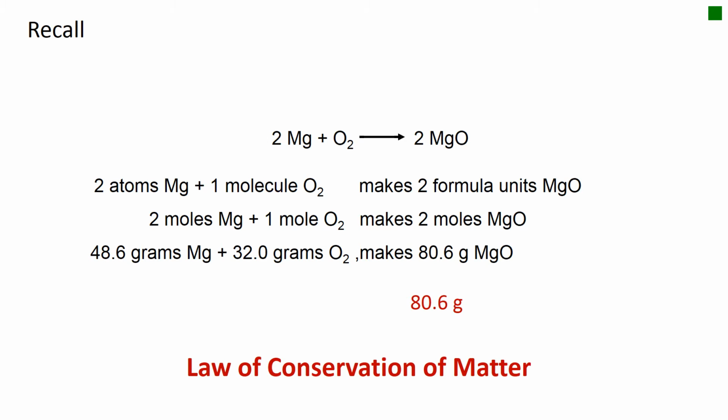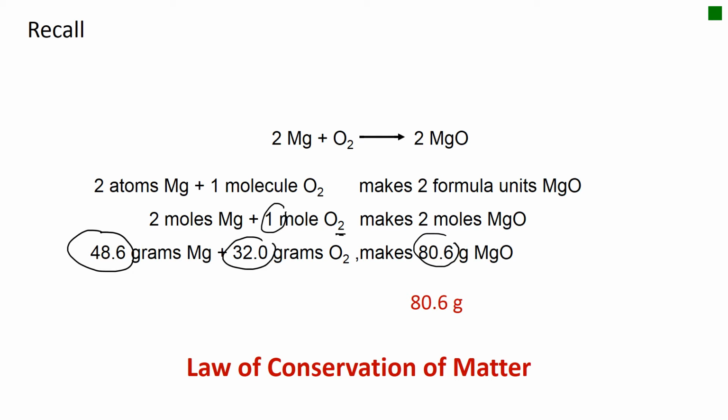Now if you do your conversions, 2 moles of Mg equals 48.6 grams of Mg. 1 mole of O2, remember, is 32 grams of O2, and 2 moles of MgO makes 80.6 grams of MgO.